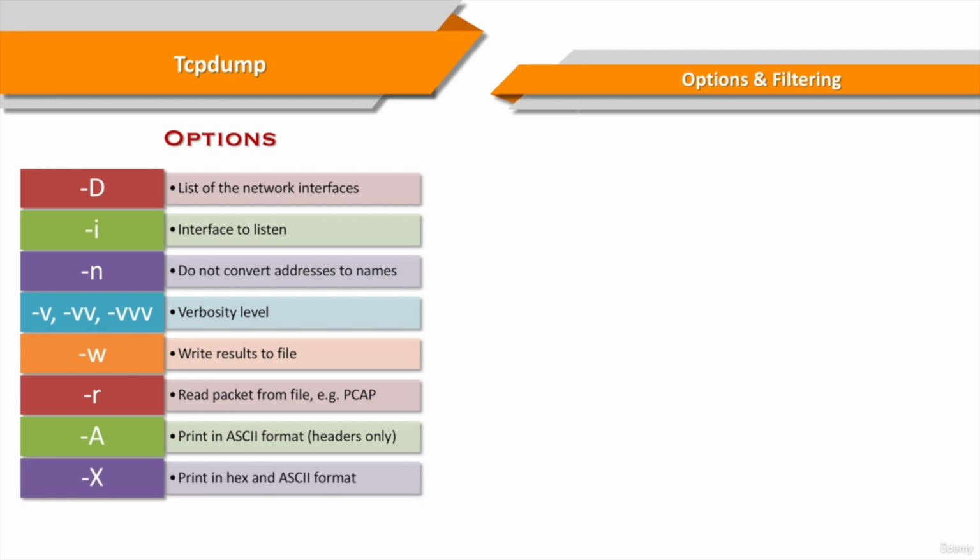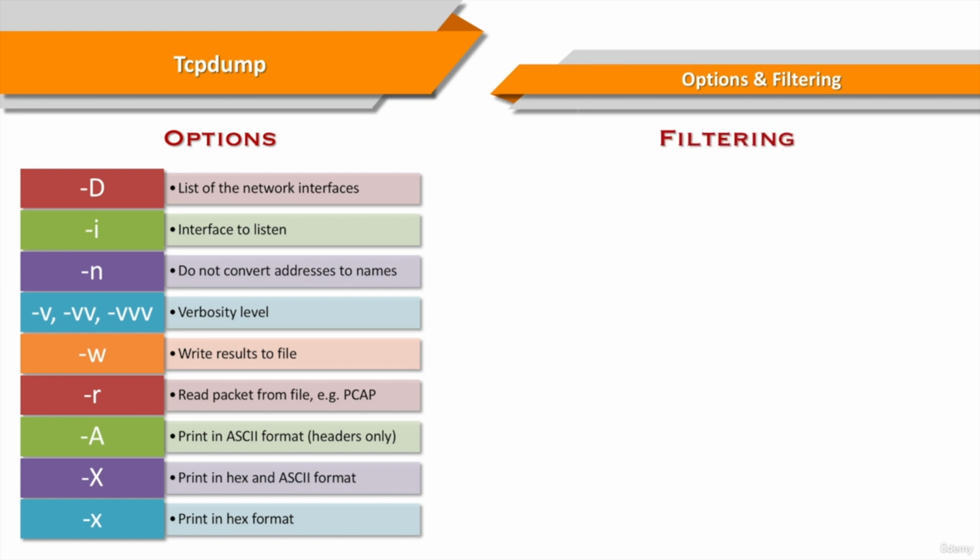When parsing and printing, in addition to printing the headers of each packet, -X prints the data of each packet in hex and ASCII. This is very handy for analyzing new protocols. So if you use the -X option, the data of each packet is printed in hex.